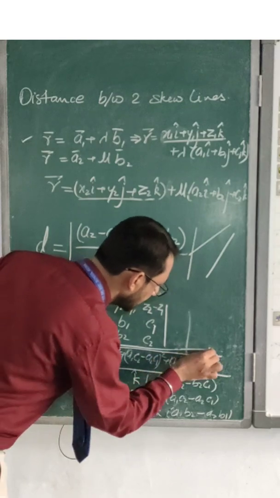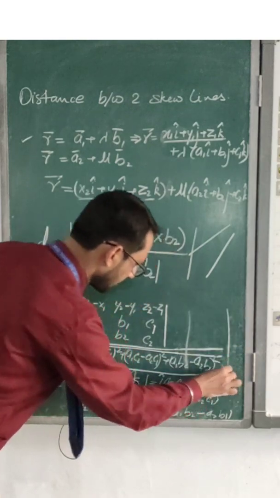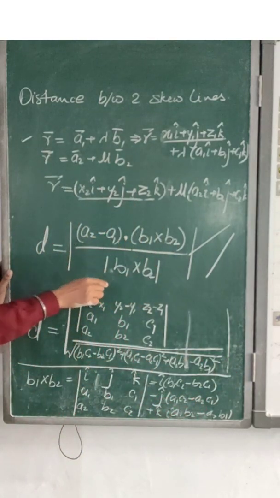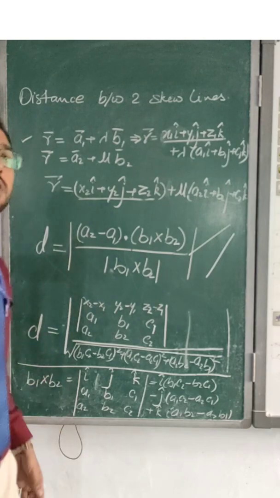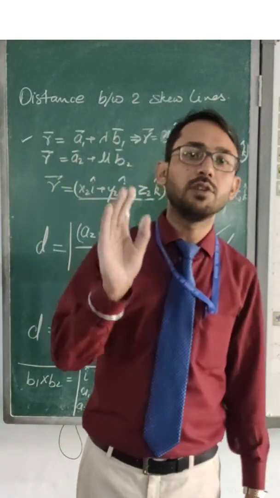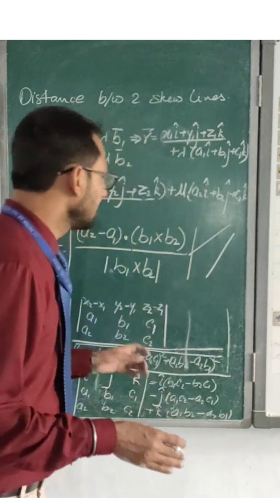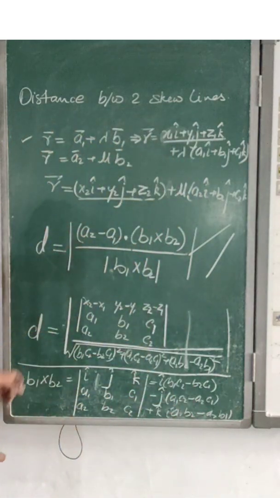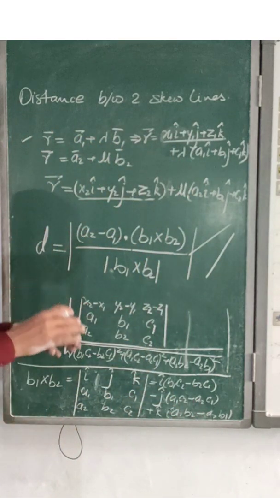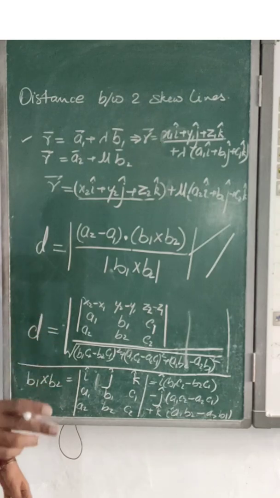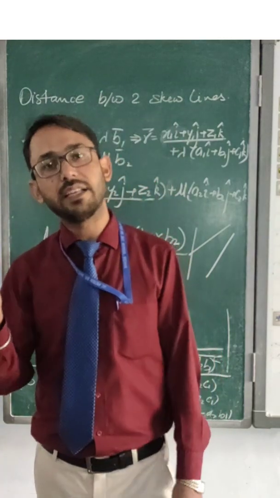So this will be the magnitude of b1 × b2. In this way we can calculate the distance between two skew lines. Now we need to take one question. Before that you must learn this identity.